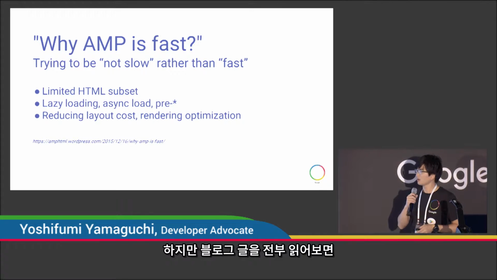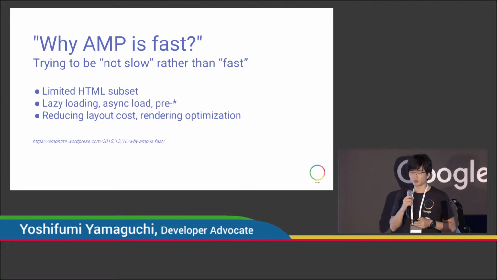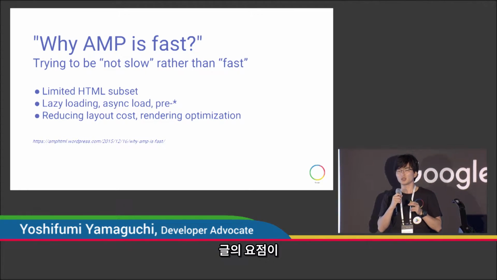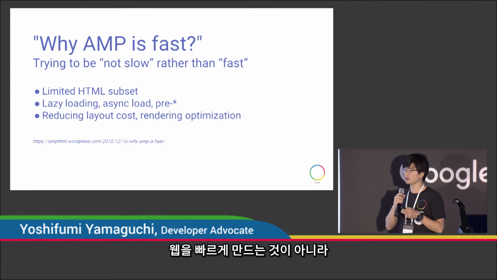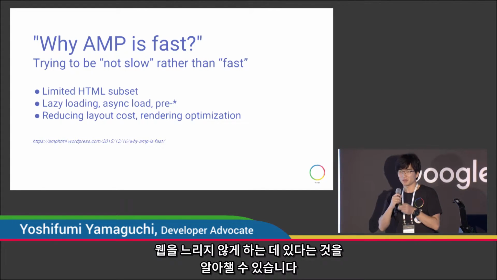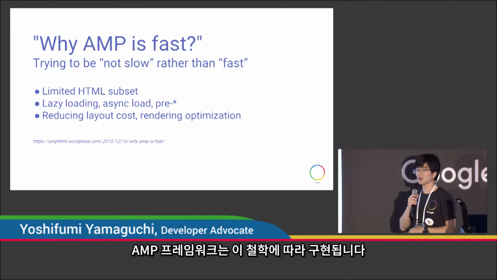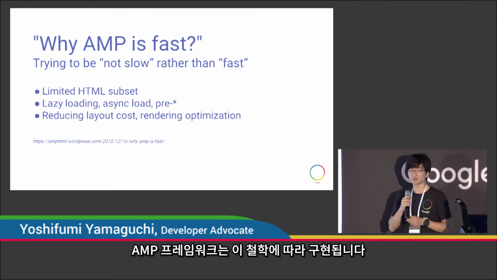But if you read the whole blog entry, you think it is not saying how you can make the web faster, but how you can make the web not be slow. The implementation of the AMP framework follows this philosophy.